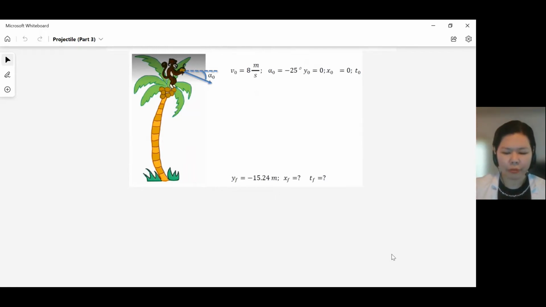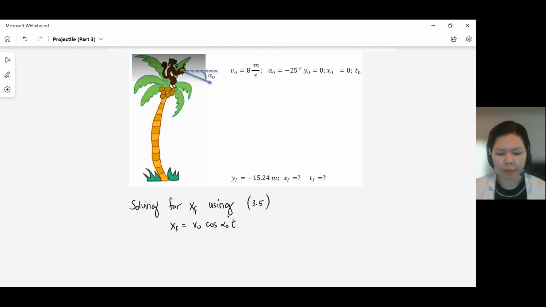So using 3.5 to solve for x sub f, xf is equal to v naught cosine alpha naught times time.